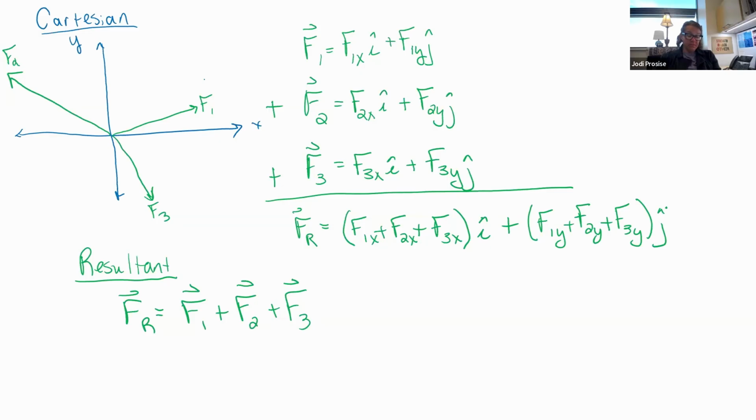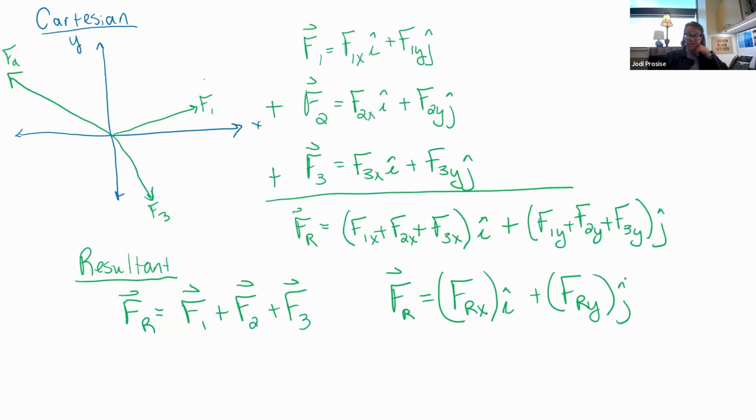So this can really simplify our ability to find our force resultant, which we can then just define as the x component of our resultant in the i direction plus the y component of our force resultant in the j direction. So using Cartesian coordinates and definitions of our vectors can really simplify things for us.